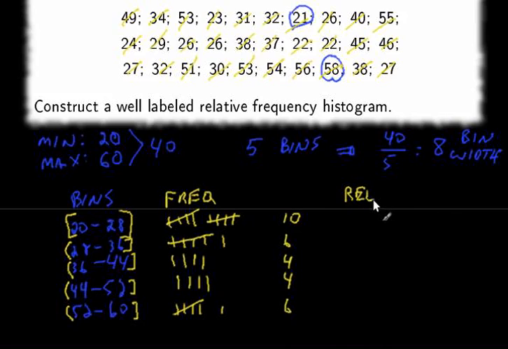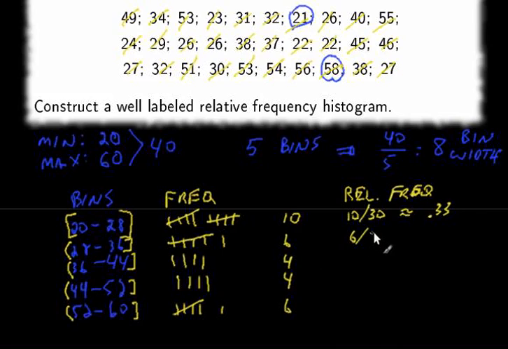So we now calculate relative frequencies. And since there were 30 observations, the first relative frequency is 10 over 30, or approximately 0.33.